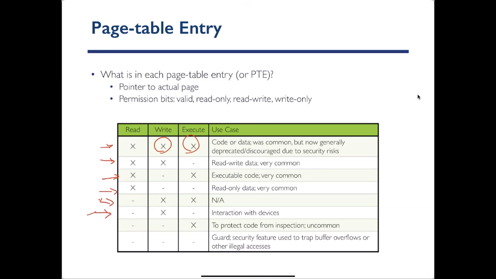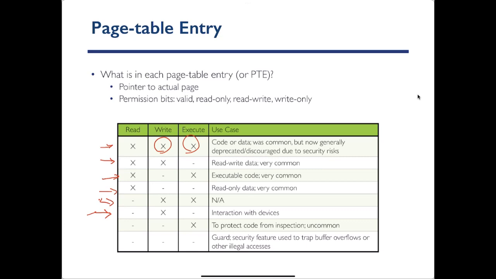Write only is used usually for device drivers. So there are certain registers in devices that are mapped to memory. So when you write to that particular memory region, you're basically writing to the registers of your device, and you cannot read from them because the device might change it, and it's meaningless.